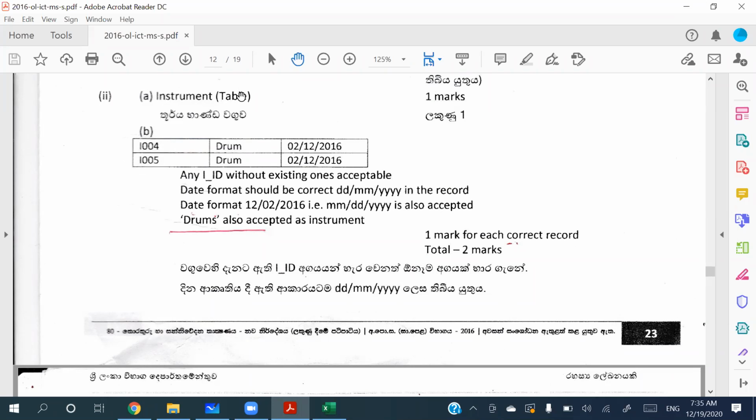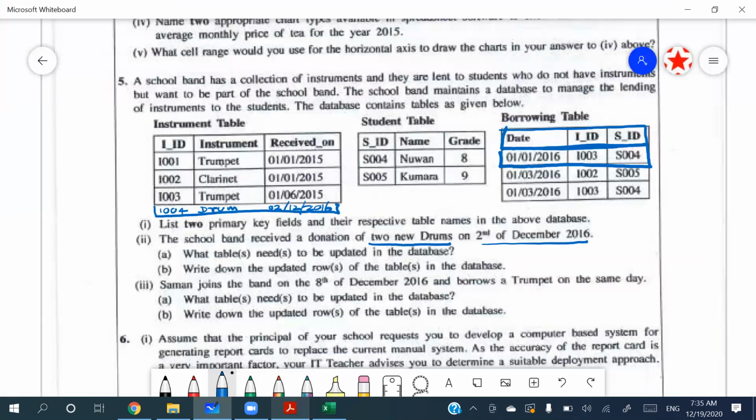So for the A part, it's the instrument table, and for the B part, you should have two lines. There is no column to indicate how many drums there are, so for that, you should have 1004 for one drum and 1005 for the other drum, right?